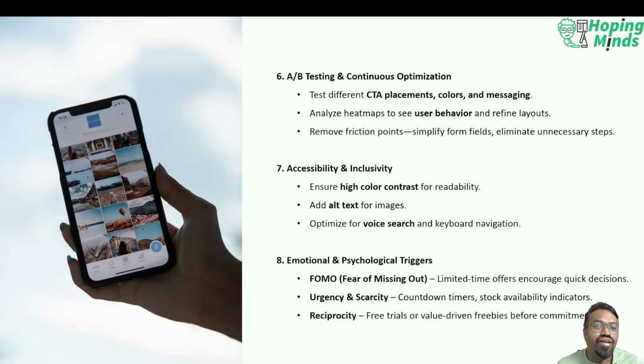In this case, as a user, we will feel the urgency that if I do not buy, then I might have to wait a longer time for the next sale to happen, right? So it creates urgency and scarcity in the user's mind. Therefore, users tend to take quick decisions.